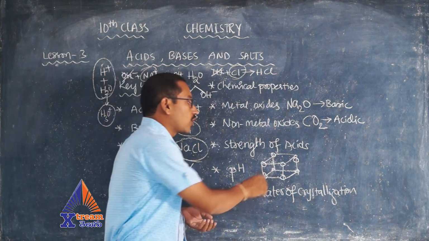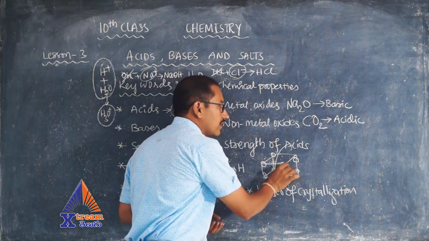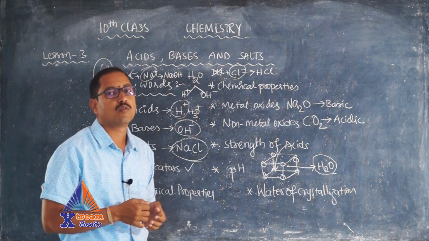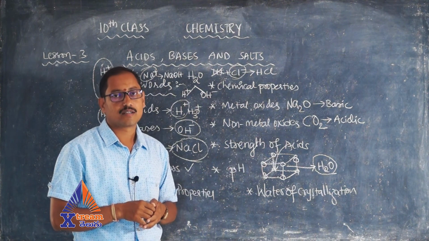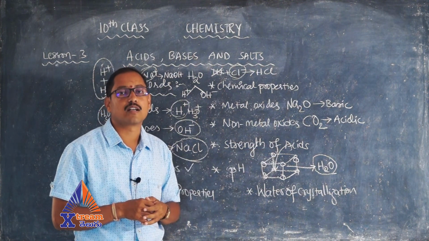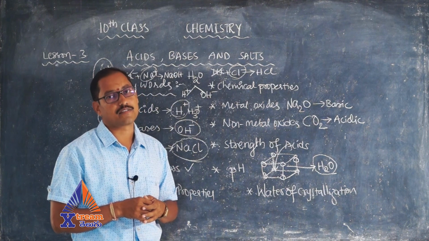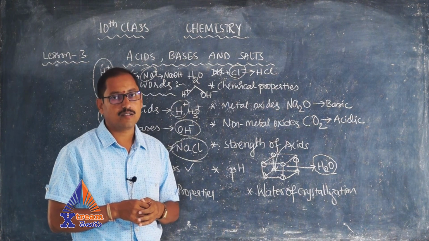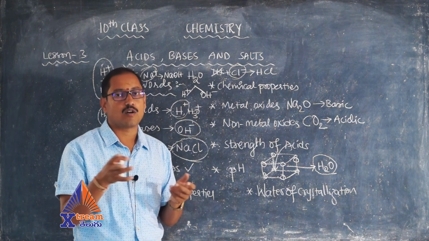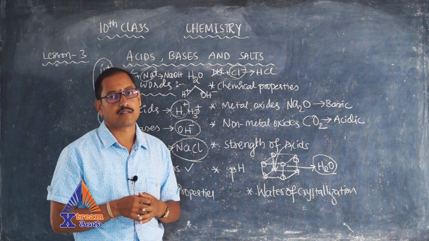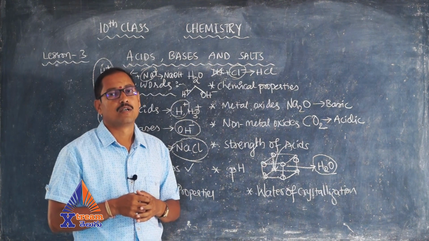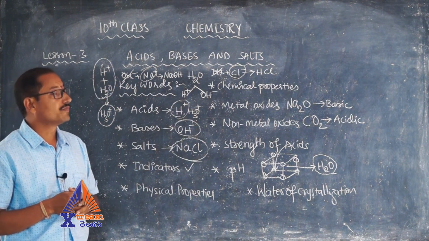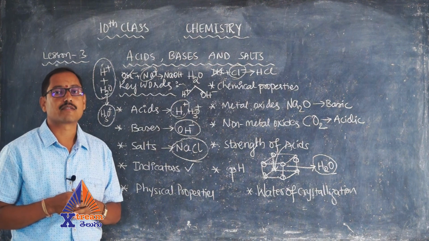If water comes and occupies this space, that is, if hydrogen oxide, that is water, is there, then that water which is present inside the crystal is called water of crystallization. It can be found in salts generally, and it can be taken out from the salts by the process of heating. So these are the keywords of lesson number 3, which is acids, bases and salts.